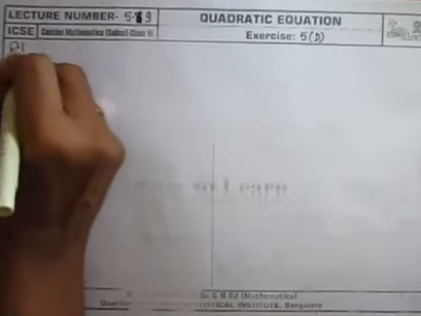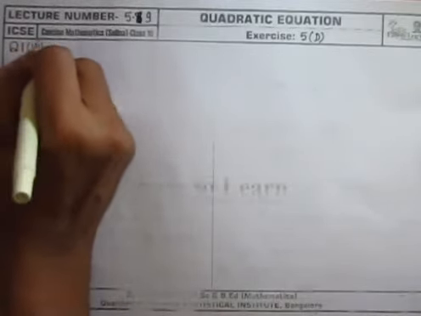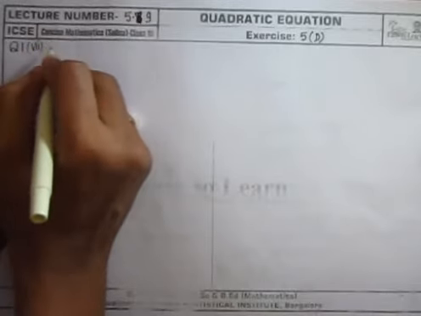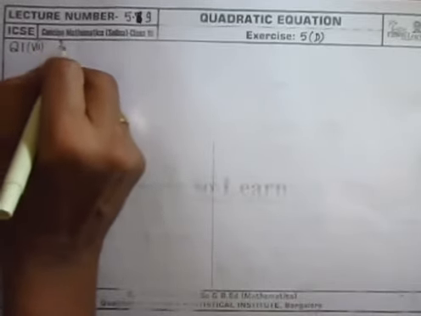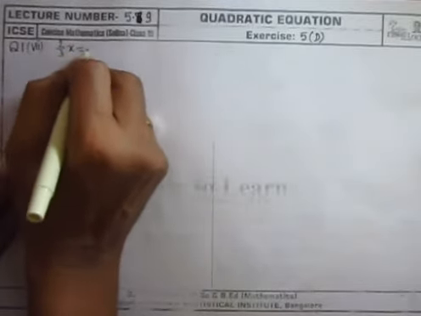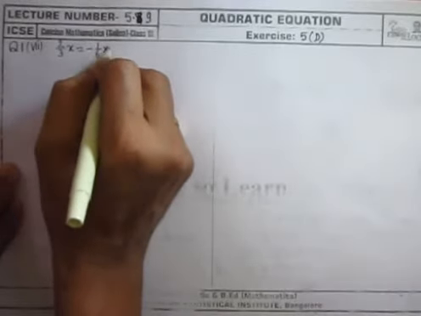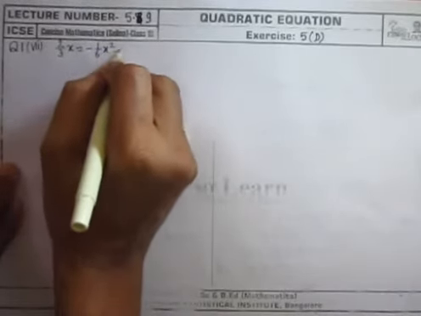Question number 1, bit 7. Two by 3 x equal to minus 1 by 6 x square minus 1 by 3.